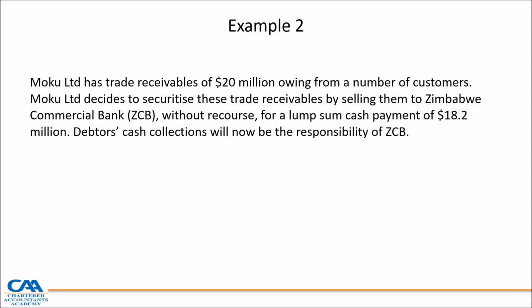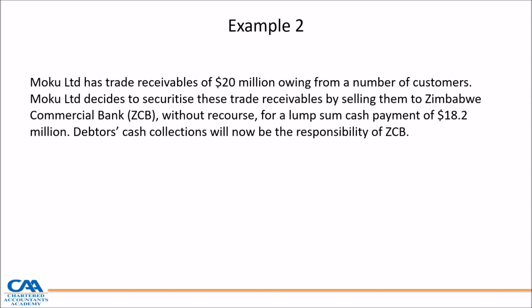I'm sure at this stage you know what it means to securitize your trade receivables, and what it means when you transfer your trade receivables with recourse and without recourse, right? So in this case, has the right to the debtors expired, or has the right been transferred to ZCB? In this case, the right has been transferred.